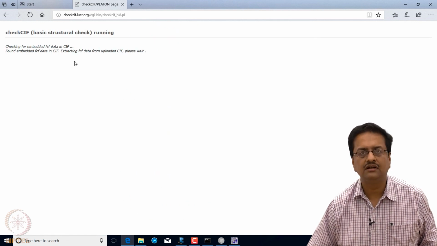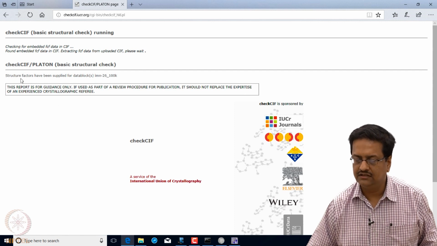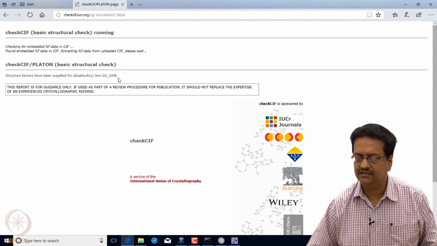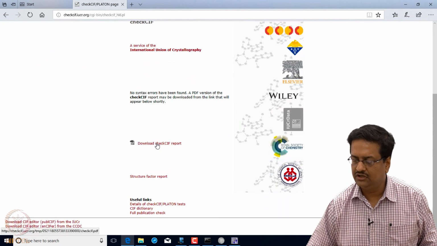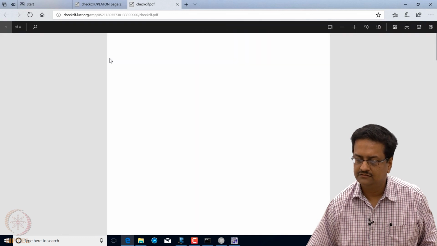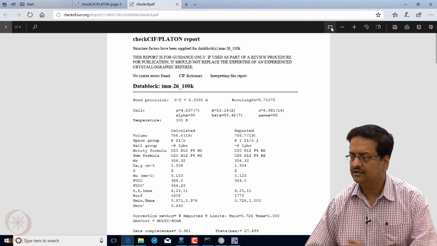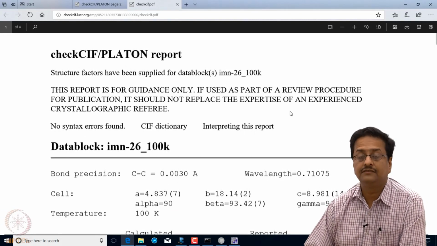It will ask for a structure factor file, and it has already taken the structure factor file from the CIF, and it should give us a downloadable Checksif report. And here it gives you the report of Checksif and Platon.